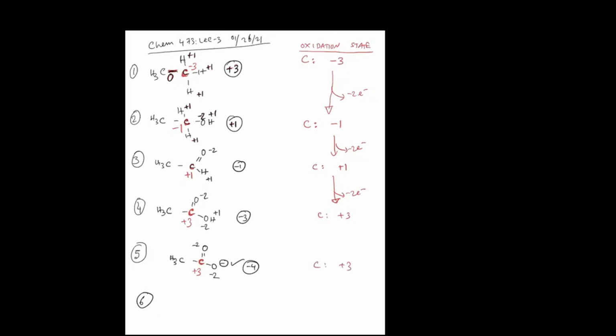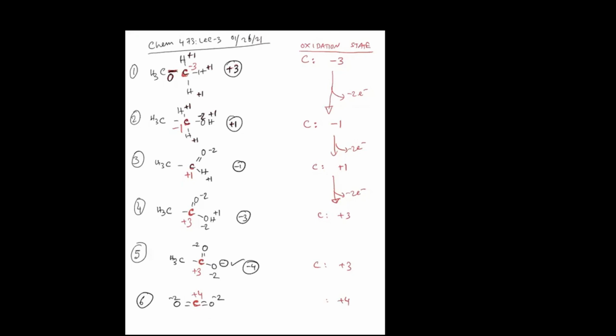Okay, and then the last one was our CO2. So CO2 is the most oxidized carbon that you can have, because carbon can have +4 max, right? So -2, -2, and then this must be +4. So the point of doing all of that is that the food is oxidized, and it is giving up electrons.